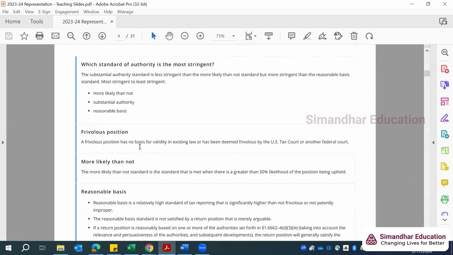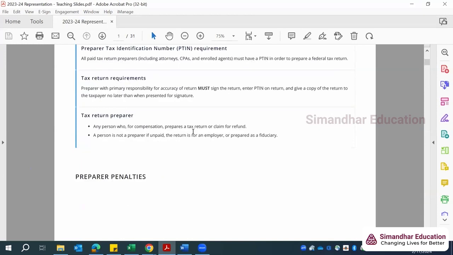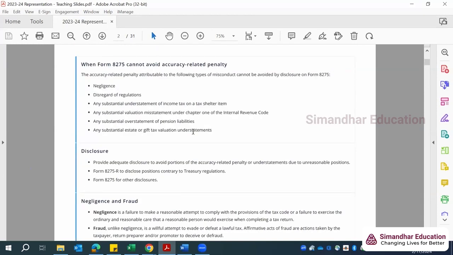Okay, so now that we understand the standards of authority, the next thing that we are going to understand is, when do you need to disclose these authorities? Now, in order to avoid any penalty, if you do not want any penalty to be associated when you are preparing the tax return, there are different kinds of penalties.